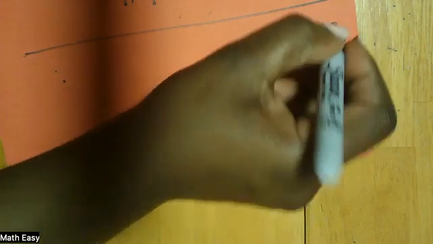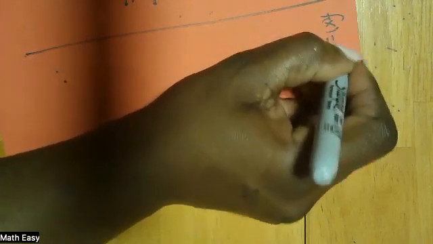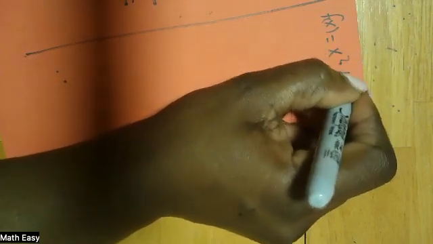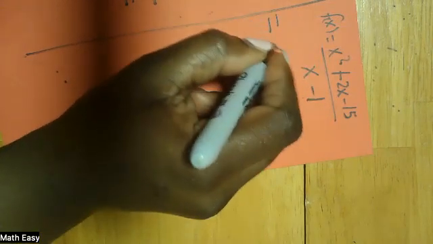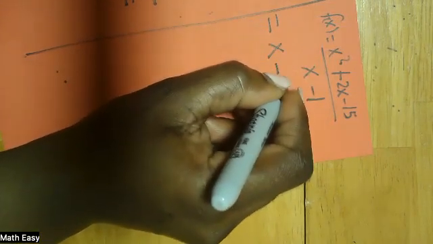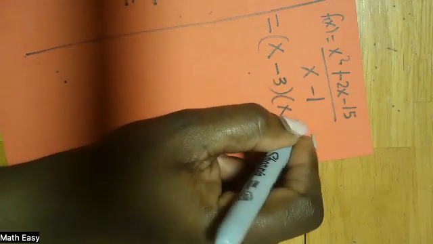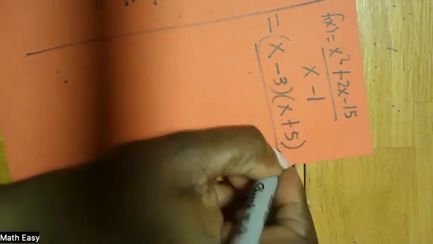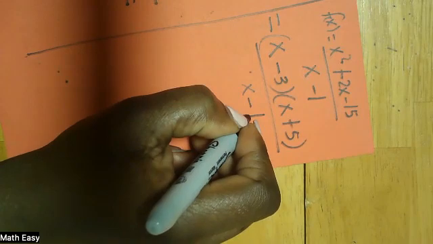All right. So let's do a question that will require your horizontal asymptote, your vertical asymptote, and finding the zeros. We have this function, f of x is equal to x squared plus 2x minus 15 divided by x minus 1. The first thing we're going to do is to factorize. So we have x minus 3, x plus 5, divided by x minus 1.